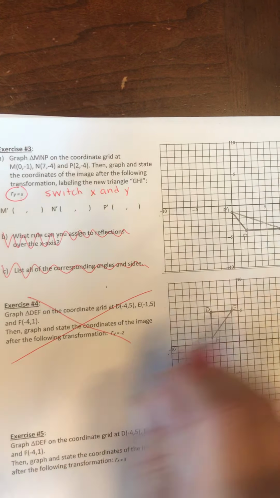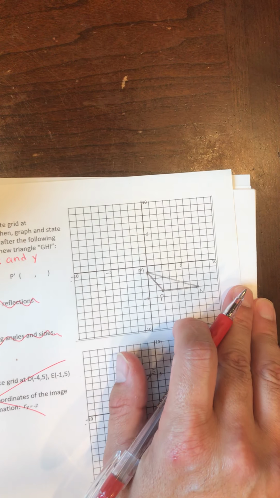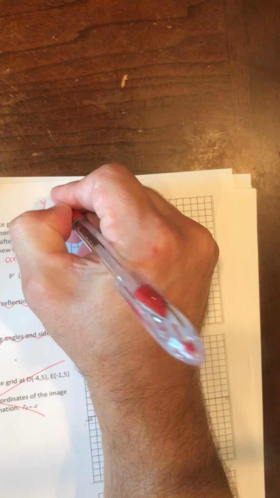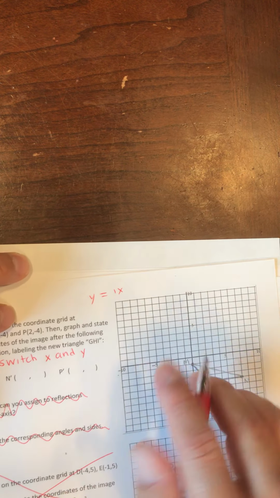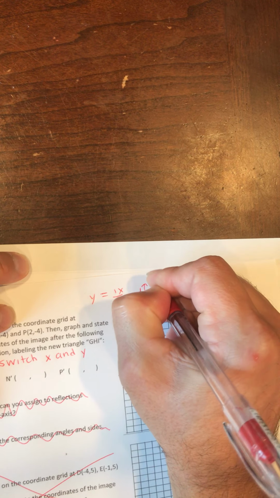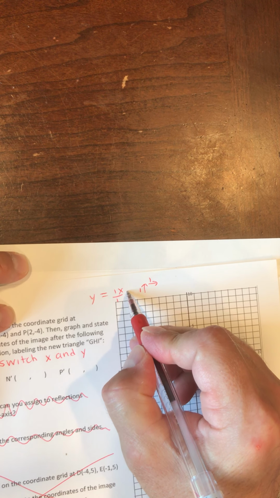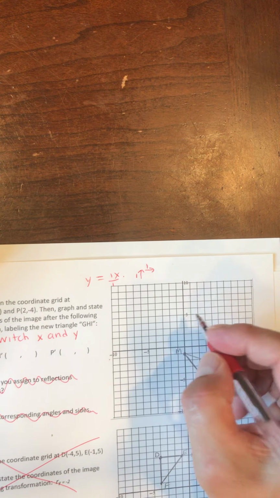Now I'm going to draw y equals x so you can see what that looks like. Y equals x has a slope of 1. So 1 over 1 means you go up 1 and over 1. There's no constant term, which means the y-intercept is 0.